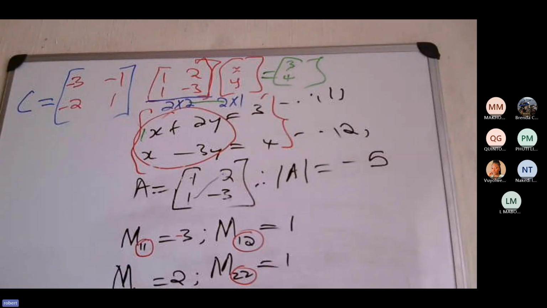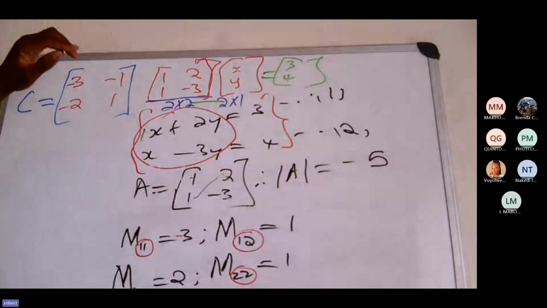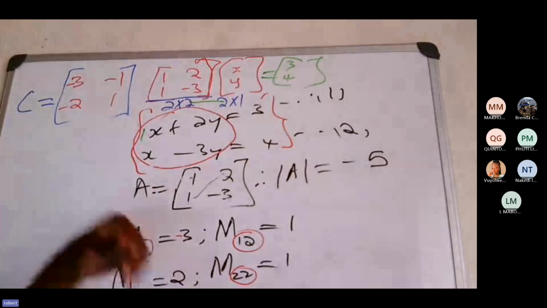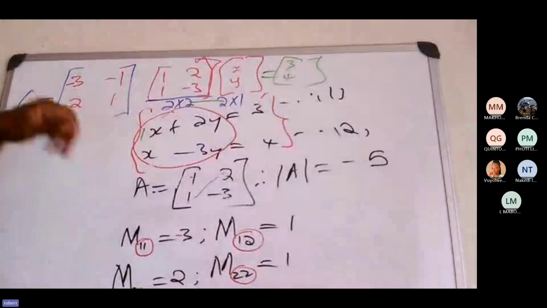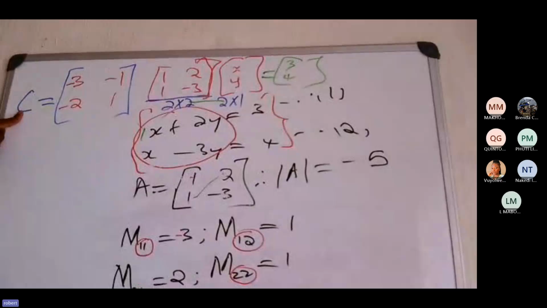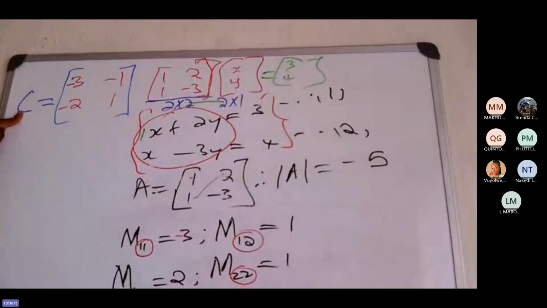Then from there, what next now? That's perfect. Then from there, you must now find what is called the transpose of this, which is the adjoint. The transpose of the cofactor matrix is what is called the adjoint.